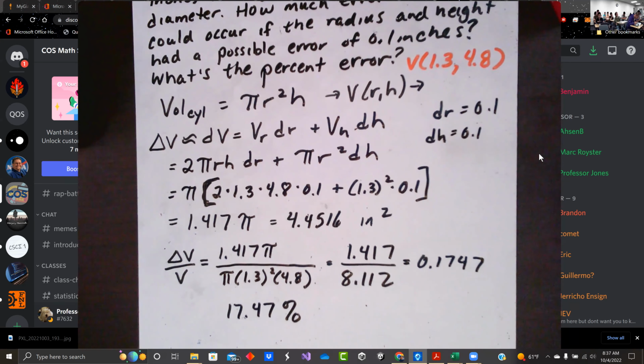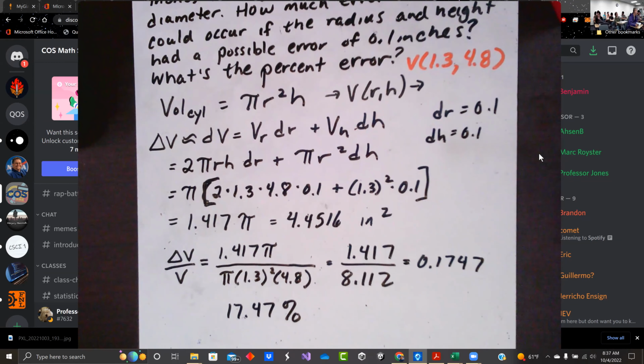Oh, okay. All right, here we go. That's a little over 1/6. Just having a slight change in the dimensions of the can could drastically change the volume. Wait, why is that squared?